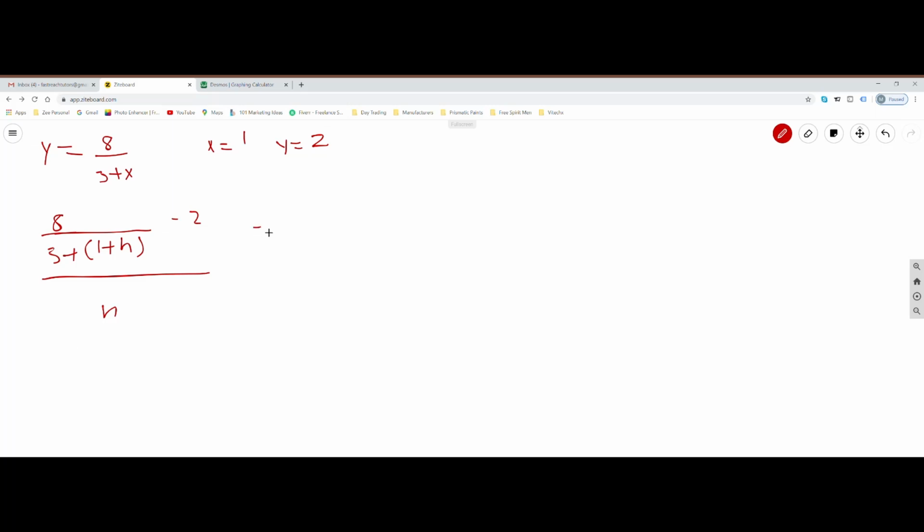So expand this out first. So 8 over 3 plus 1 plus h minus 2 over h is equal to 8 over 4 plus h minus 2 over h. So we're going to multiply the 2 by 4 plus h.